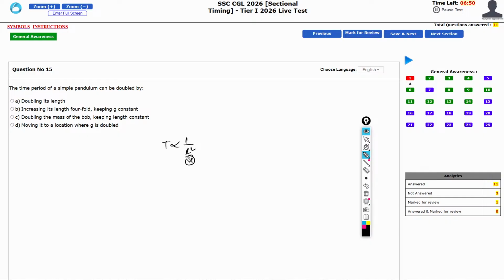So under root L, I guess. T equal to under root L, something like that. Okay, I'll just go with this because I think there is some kind of under-root concept. So 2 times, 4 times.